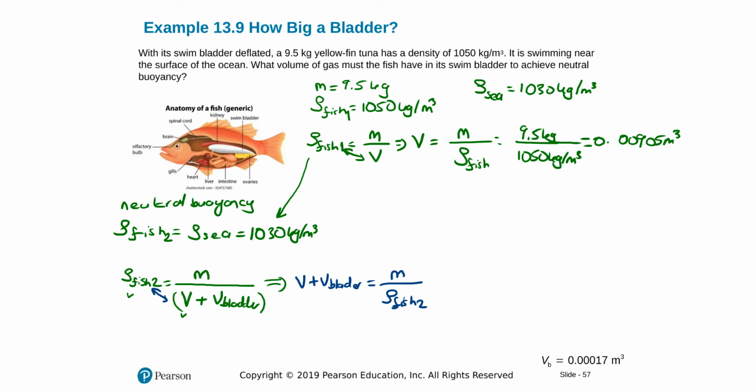Now I'm going to leave V bladder alone. To do that, I take this guy to the other side. It's plus here, goes as minus. So after that step, here is what I'm going to have.